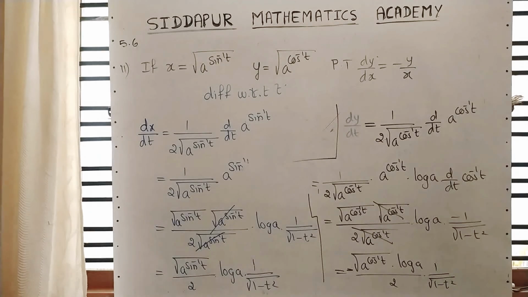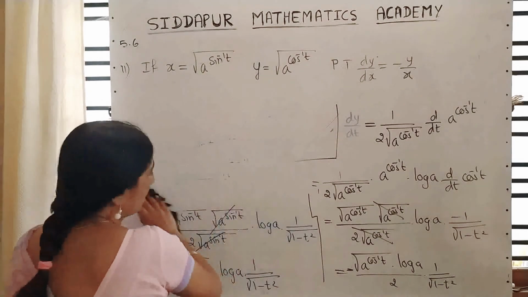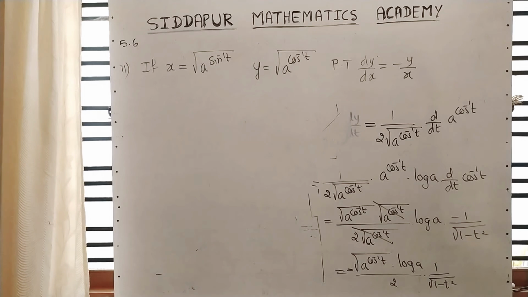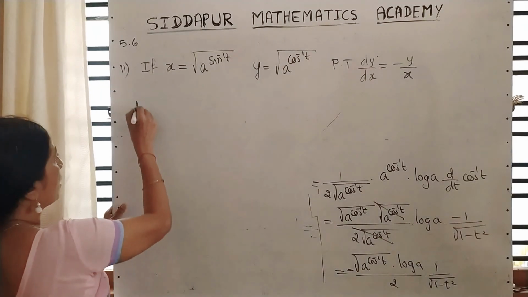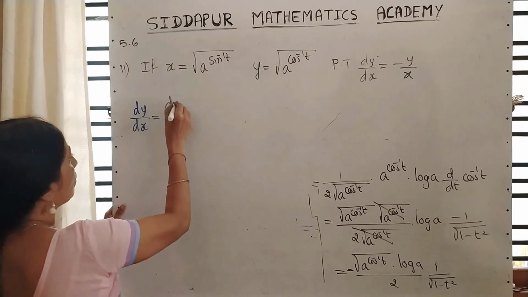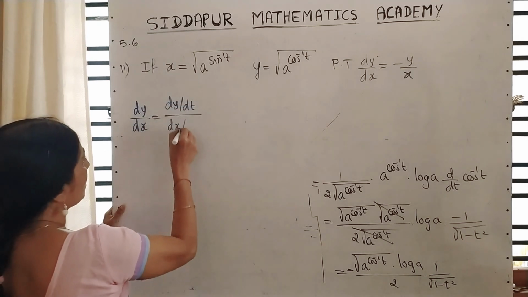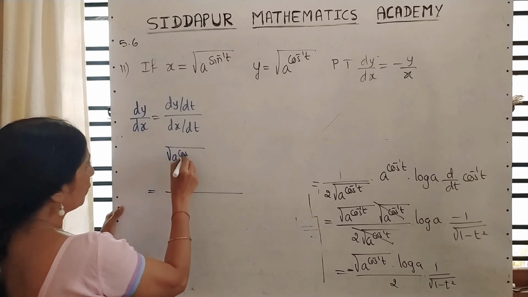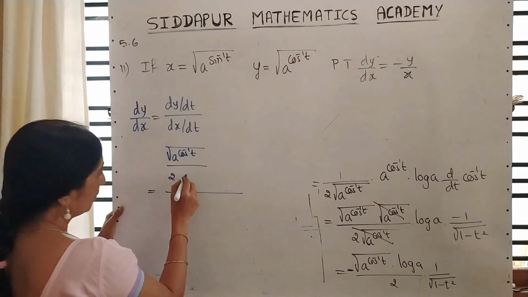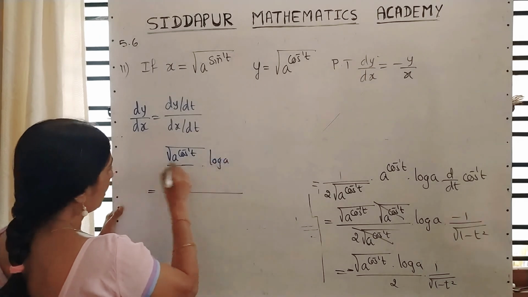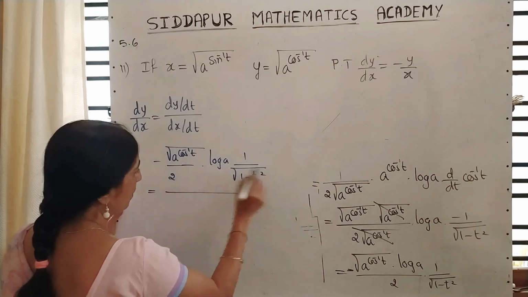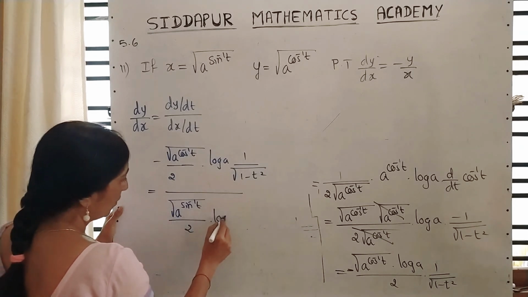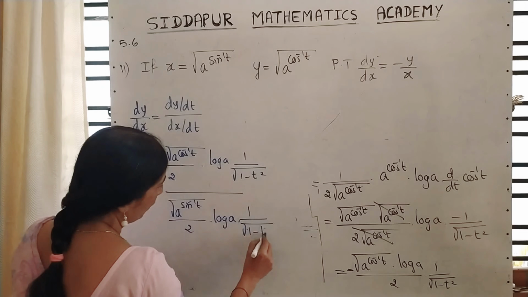Now write down dy/dx. Now dy/dx is equal to dy/dt upon dx/dt. dy/dt is a raised to cos inverse t upon 2 into log a, here minus 1 upon root of 1 minus t square. dx/dt is a raised to sin inverse t upon 2 into log a into 1 upon root of 1 minus t square.